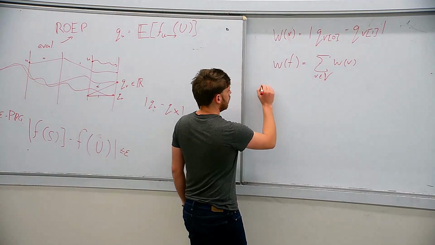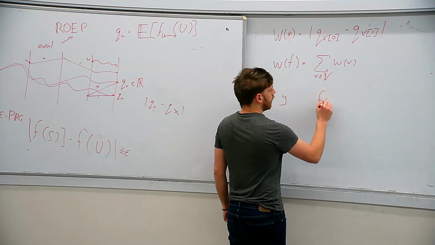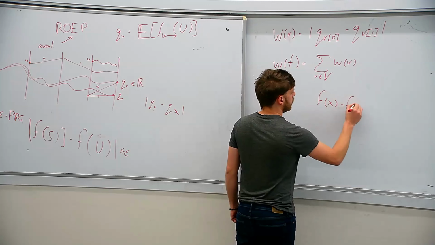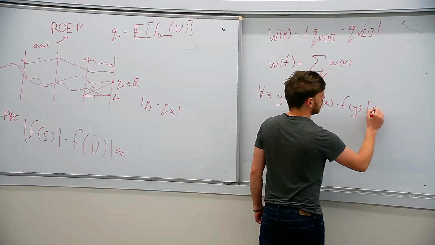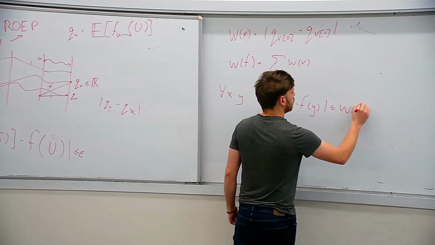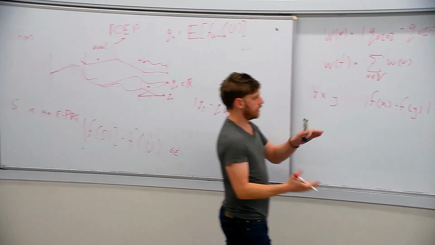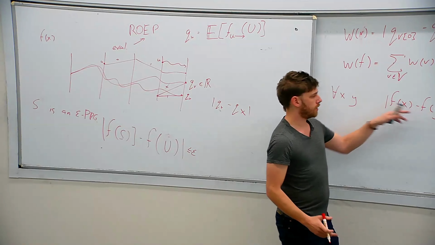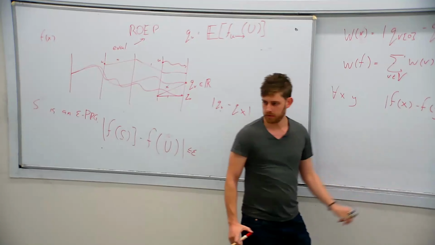We prove that for every x and y, f(x) minus f(y) is at most the weight of f. So the size of the range of f is bounded by the weight.